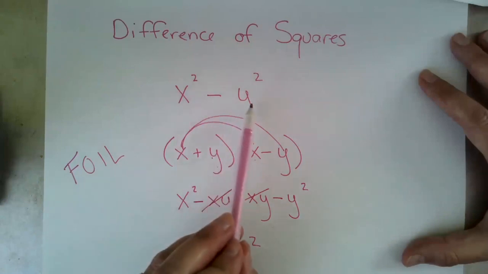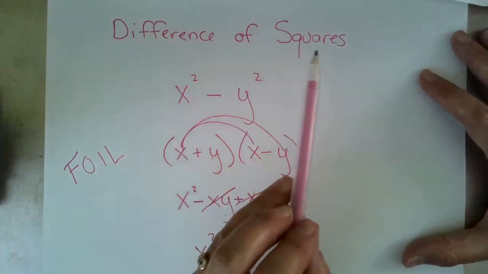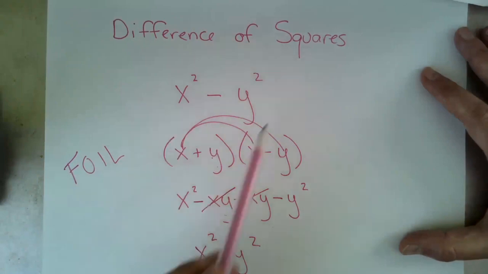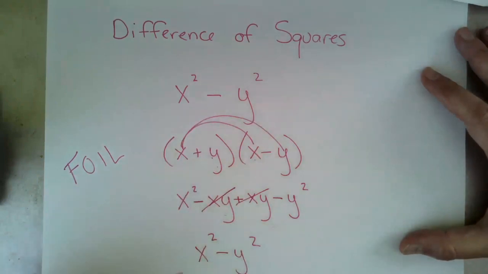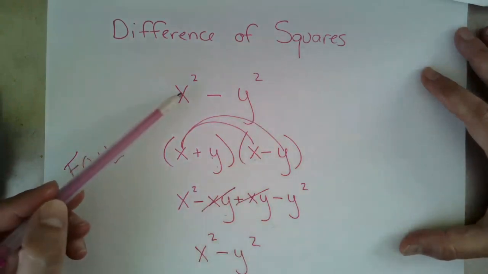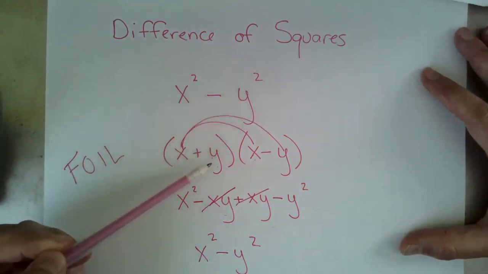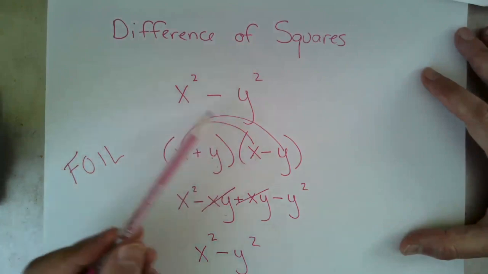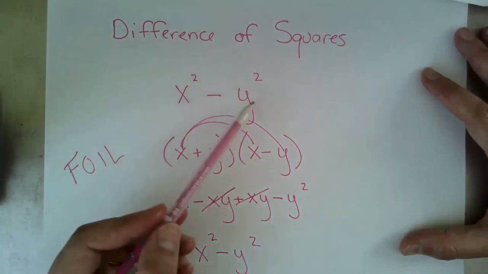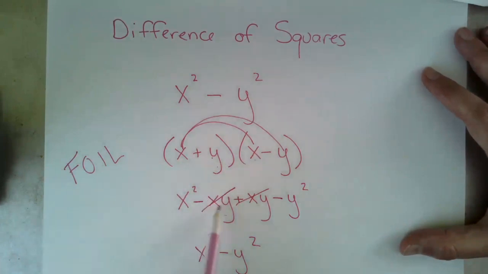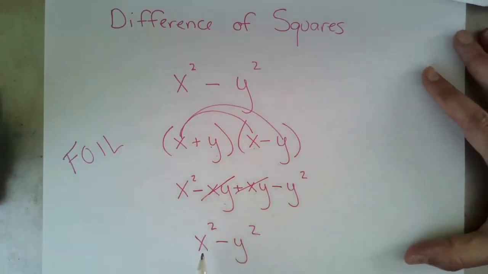So the difference of squares, the thing missing its middle term, turns into the square root of the first thing plus the square root of the second thing, times the square root of the first thing minus the square root of the second thing. And that's what creates an outside and an inside that are the same but opposite signs, which cancel, and gets us back to x squared minus y squared.